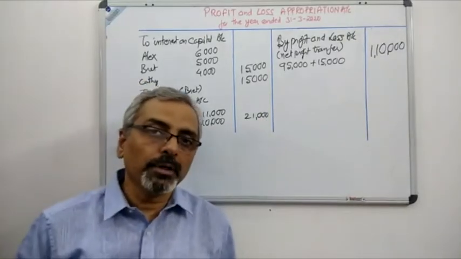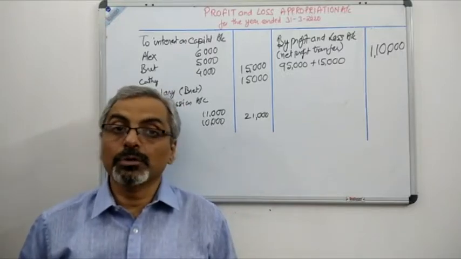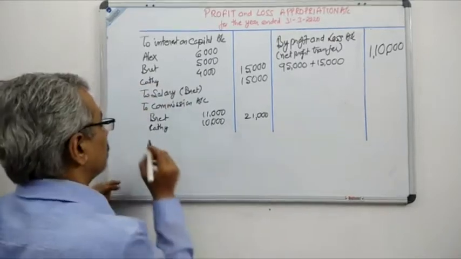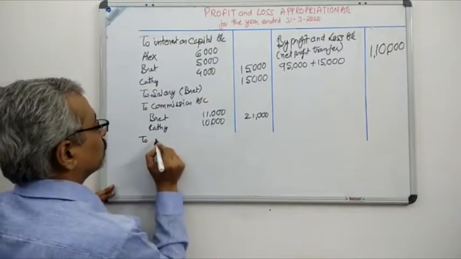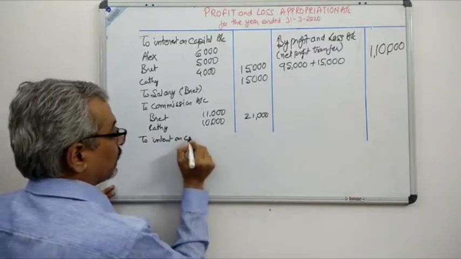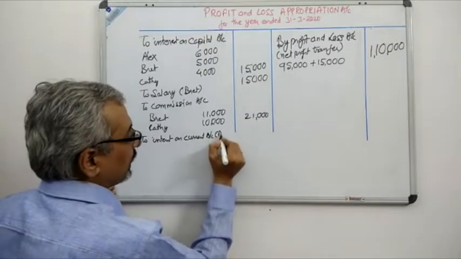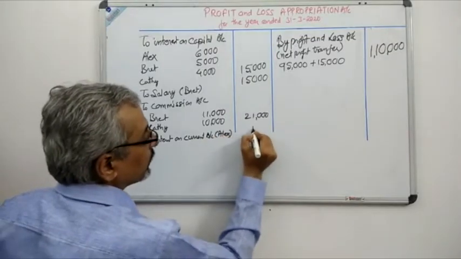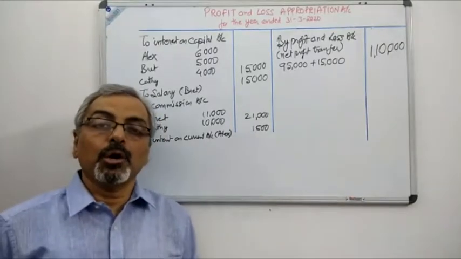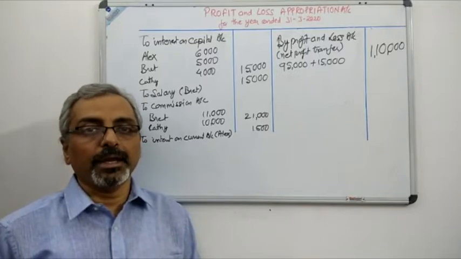Now, if you remember that we had current accounts, and current accounts also were provided interest at the rate of 10%. So first over here, to interest on current account, Alex 1,500, because Alex has a positive balance of 15,000, while the other two partners have a negative balance of 10,000 and 8,000.